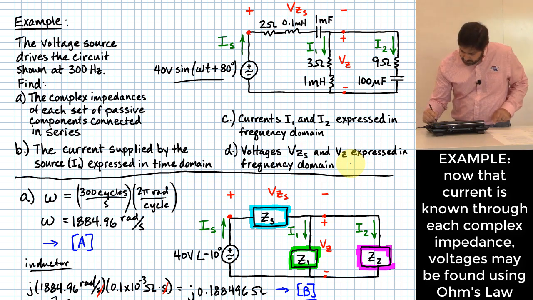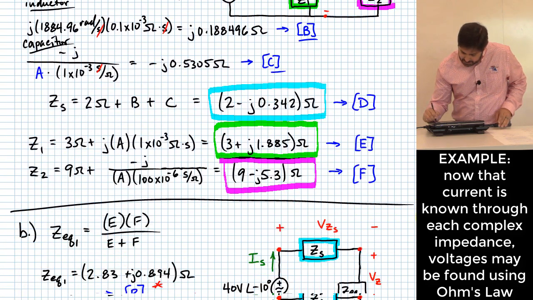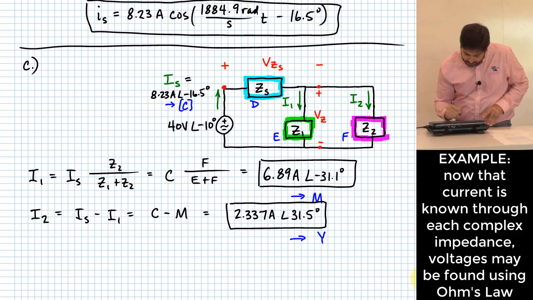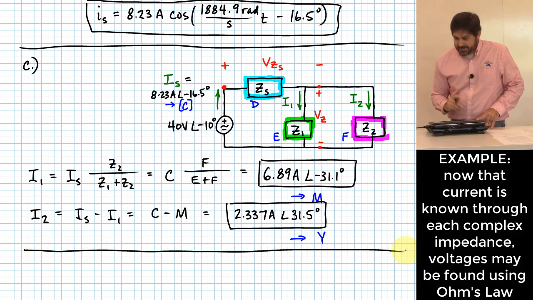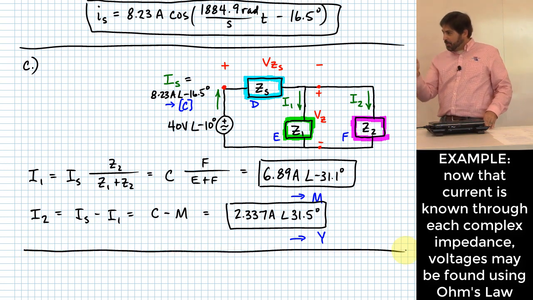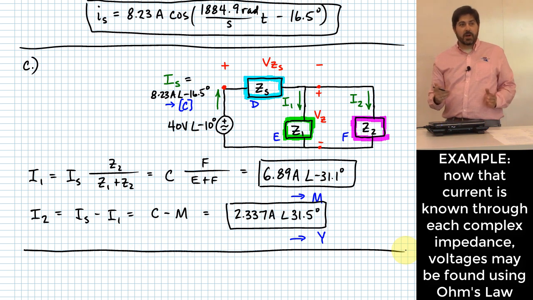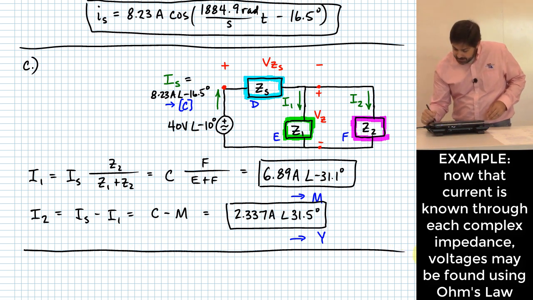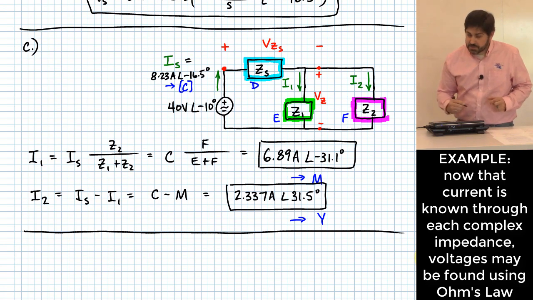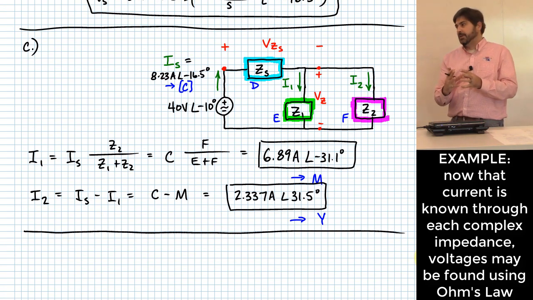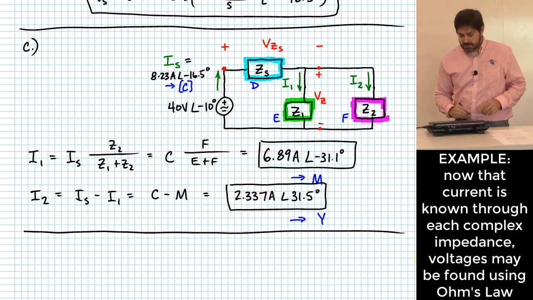Okay? Good news on that is we can essentially just use, quote unquote, Ohm's law. I put it in quote unquote. Why do I say that? Ohm's law is a little bit more specific, but this works the same way. It's essentially the same principle, where you can get the relationship between voltages and currents for a particular element the same way that you have with voltage, current, and resistance in DC.